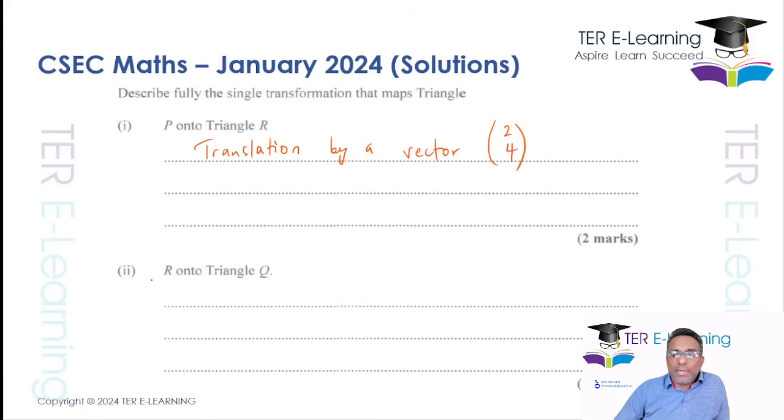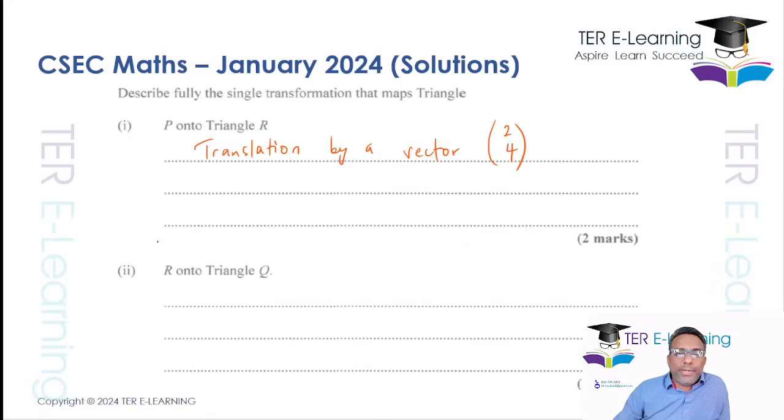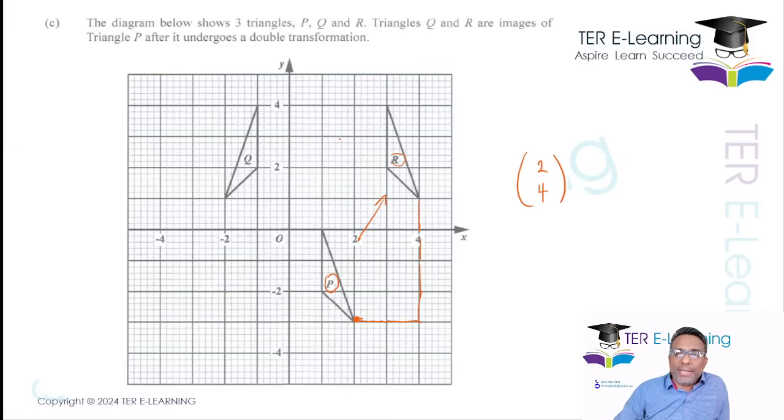The next one is R onto Q. So let's look at R onto Q. So this time you are concerned about R, which is this one here, and this is Q. If you look carefully, you're going to realize, wait a minute, it seems to be a reflection, right?